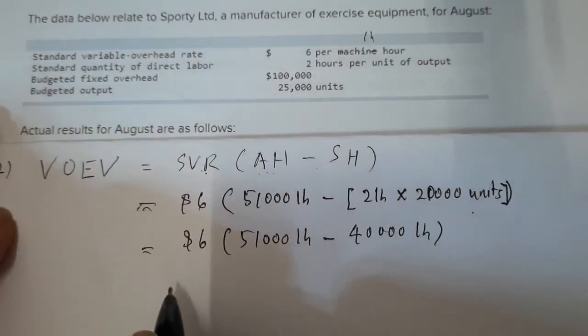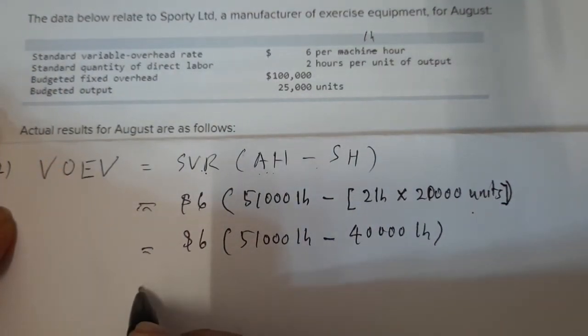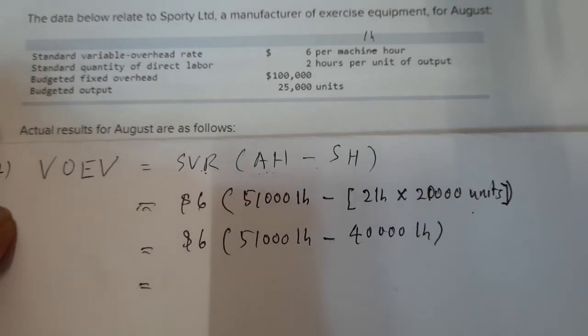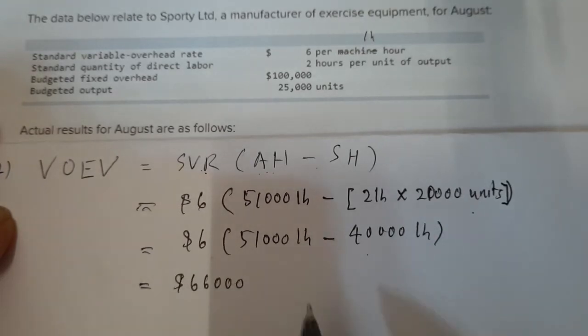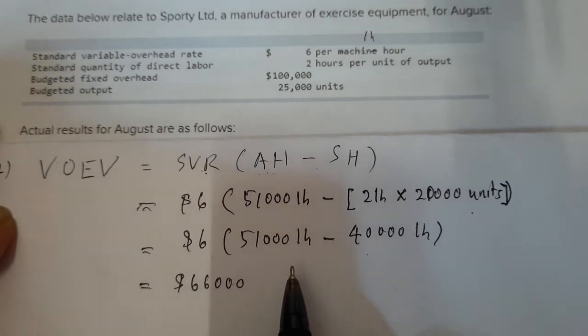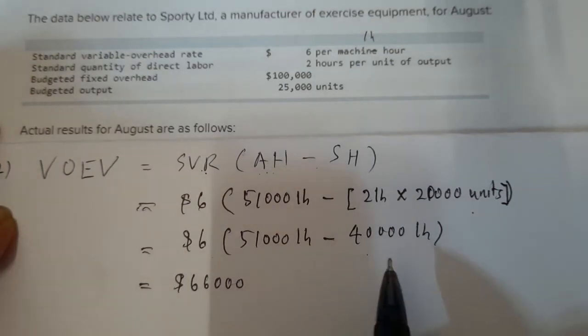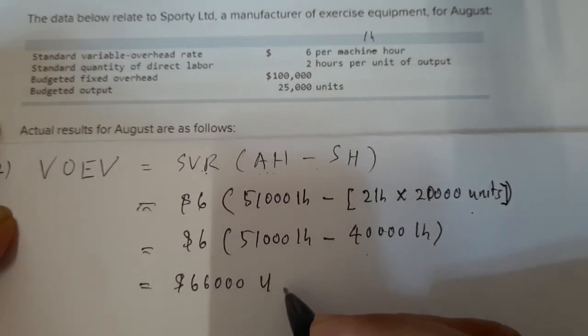So the answer is this one minus this one, times 6. So $66,000 unfavorable, because the actual is higher compared to the standard. So $66,000 unfavorable.